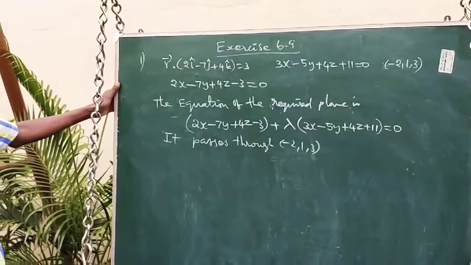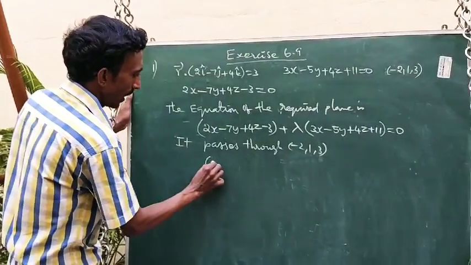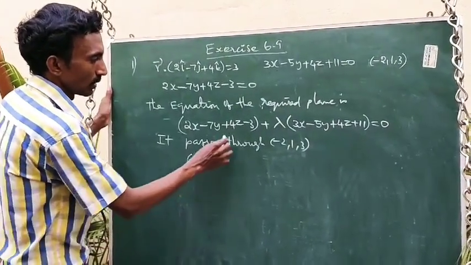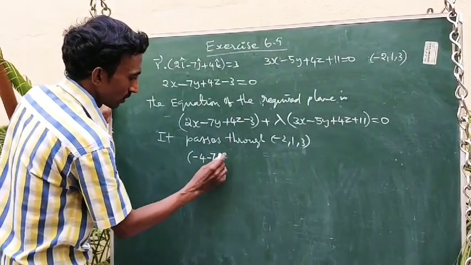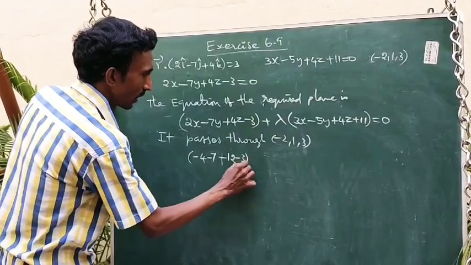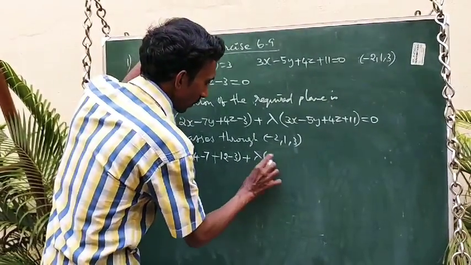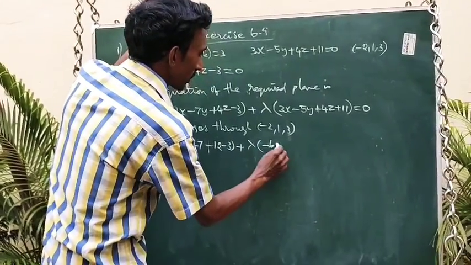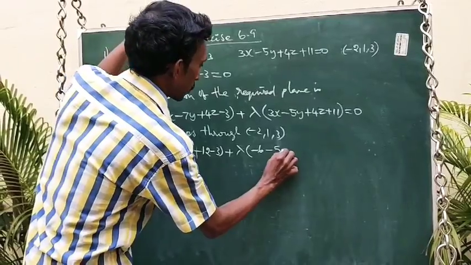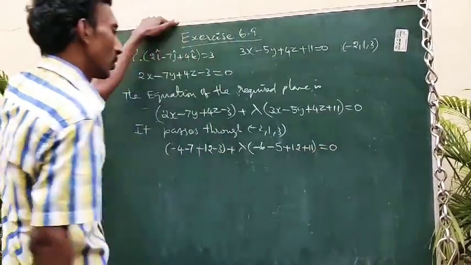So put x equal to minus 2, y equal to 1 and z equal to 3. So minus 4, minus 7, plus 12, minus 3 plus lambda into minus 6 minus 5 plus 12 plus 11 equal to 0.